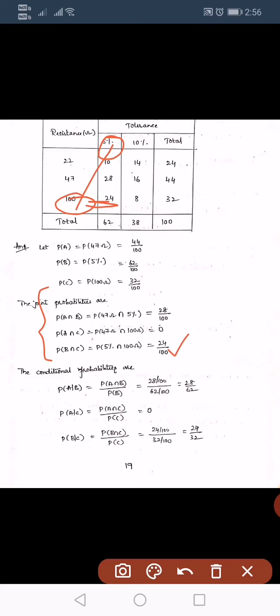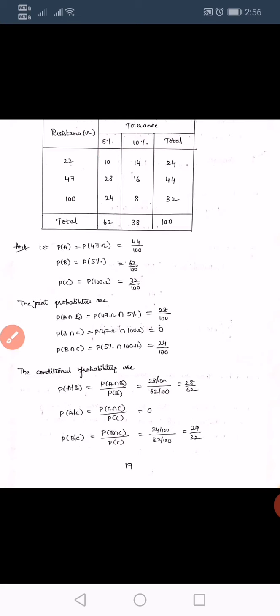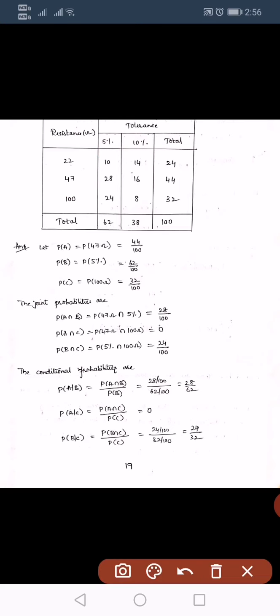Next, we have to find the conditional probabilities. P of A given B is P of A intersection B by P of B. P of A intersection B is 28 by 100, the numerator, and P of B is 62 by 100, the denominator, so 28 by 62.